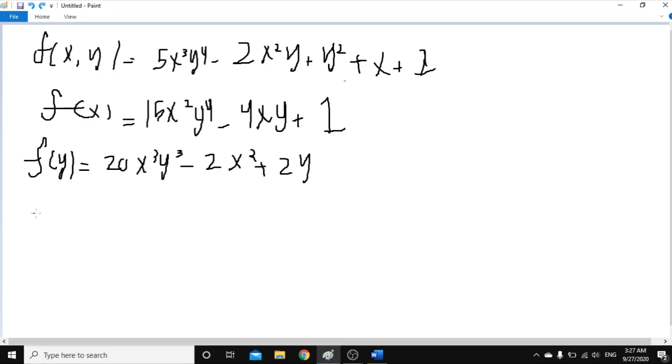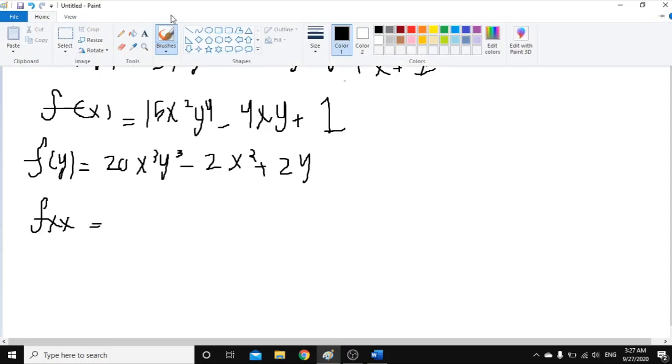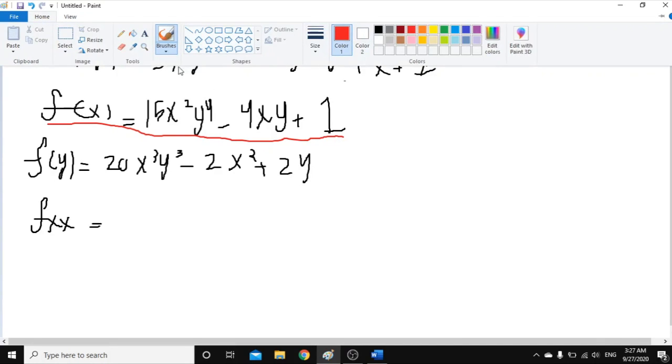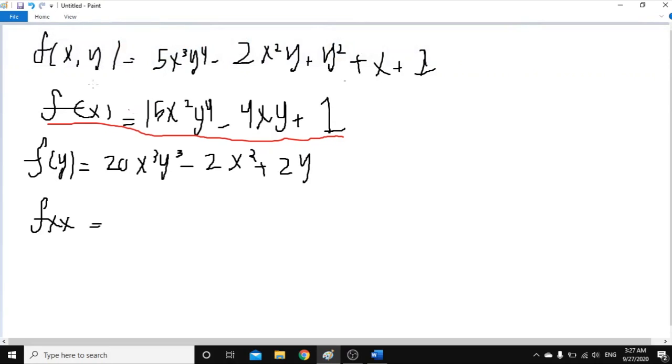From here, let's take the easiest one, f with respect to x with respect to x. This means we need to take from this equation the partial derivative with respect to x again. So 15 times 2 is 30, x to the 2 minus 1 is 1, and y to the fourth is the same, since we're dealing with respect to x.